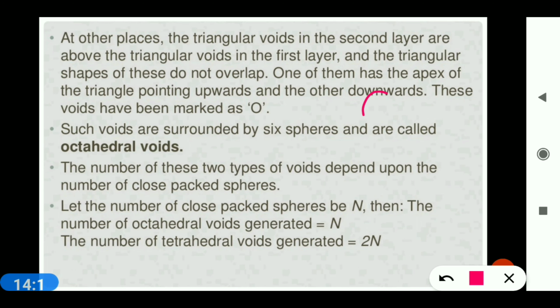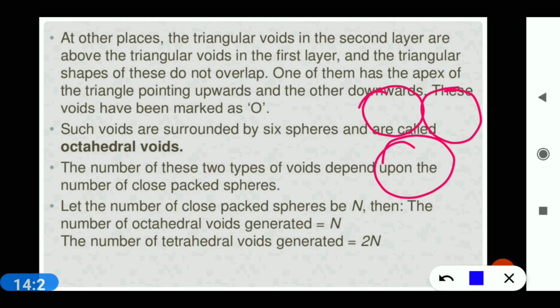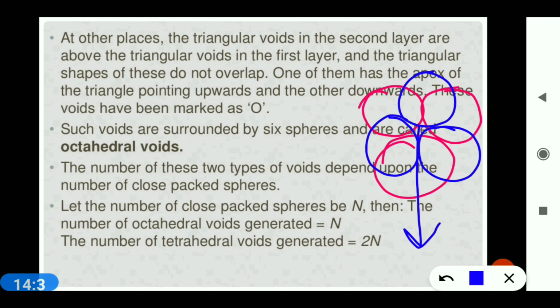For example, if three spheres are there in this way, these are the particles. Now how will the void be obtained? If three more are there in between, the void is there at the center, which we call the tetrahedral void.